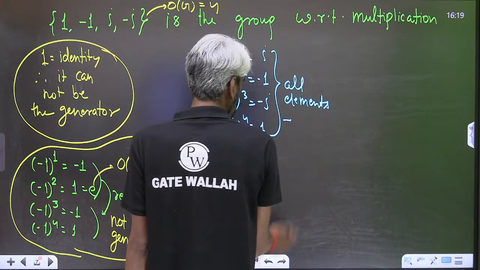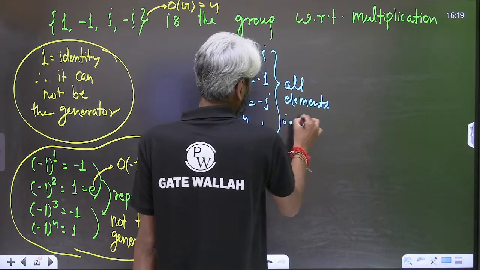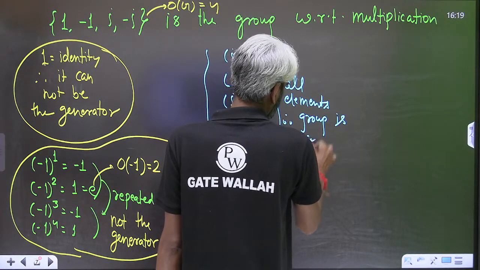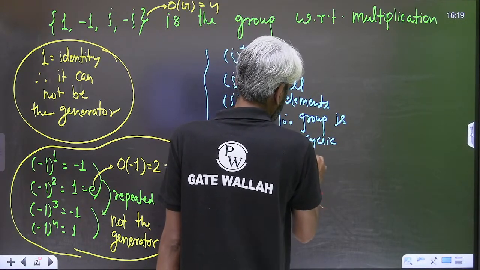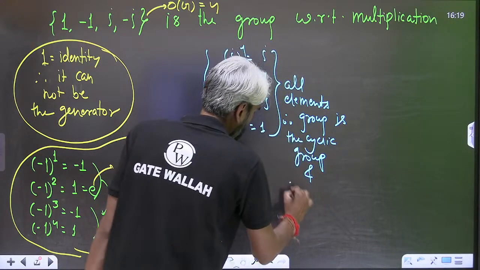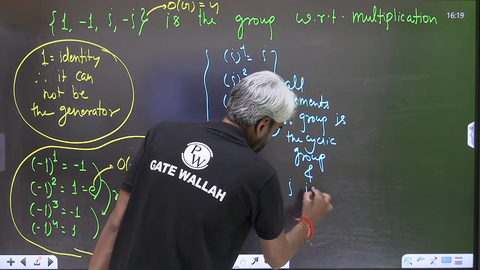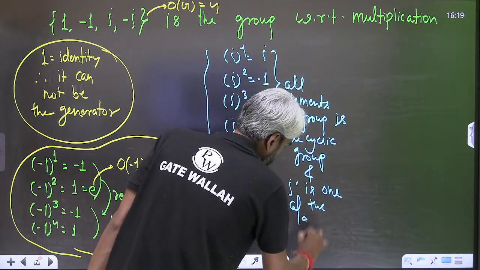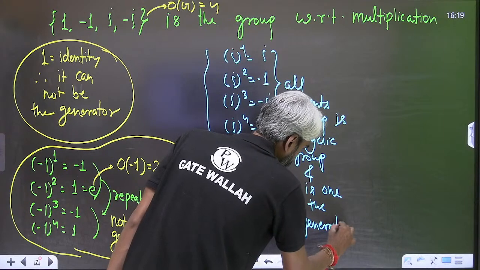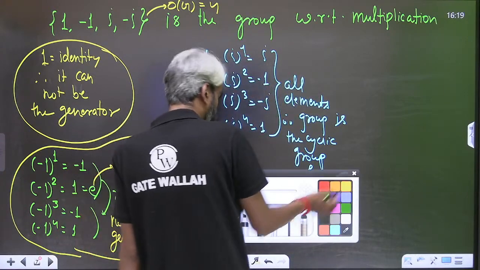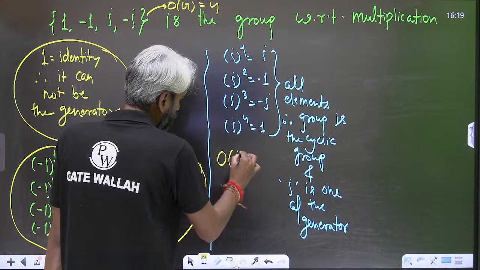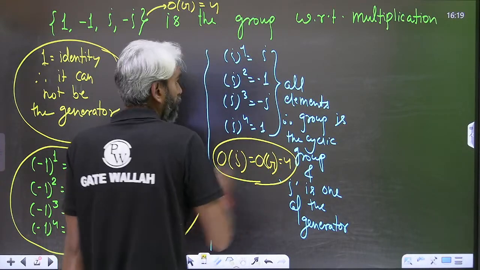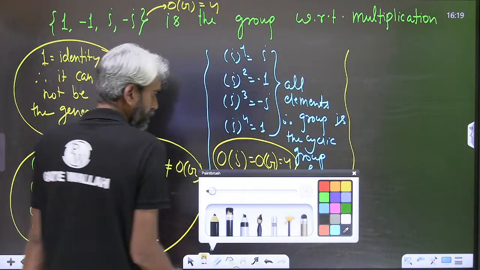Therefore, the group is the cyclic group, and iota is one of the generators. Because iota is the generator, therefore order of iota will be same as the order of group.